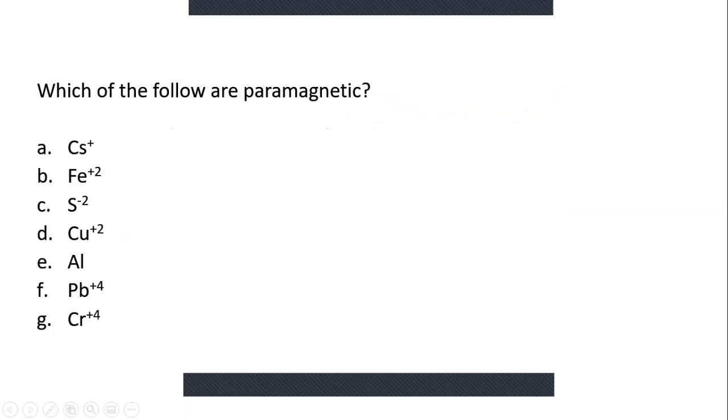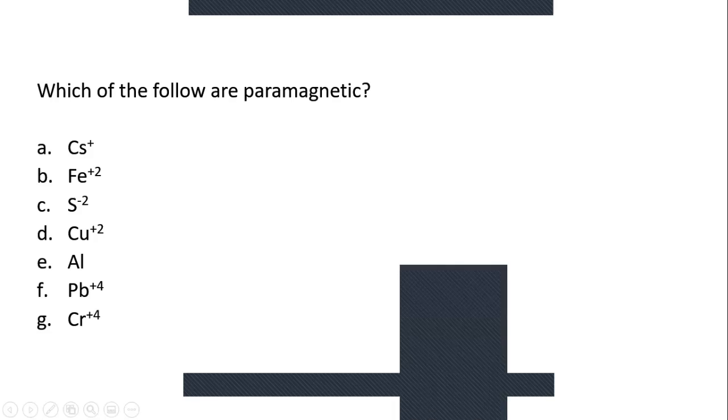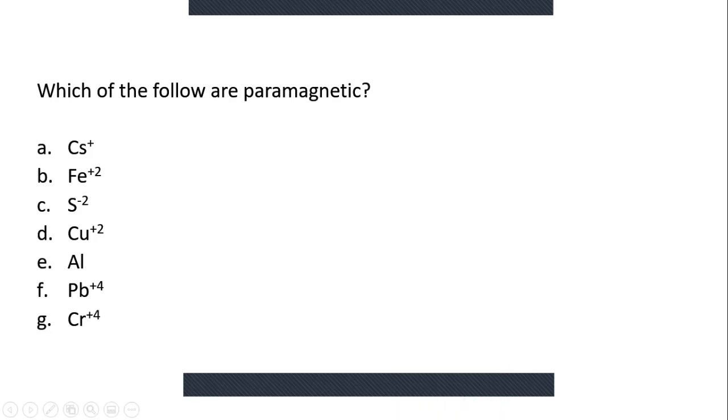So the last question, we just want to kind of recap. We want to know which of the following species are paramagnetic. Let's first look at the elements. So the only element we have in this answer choice is aluminum.